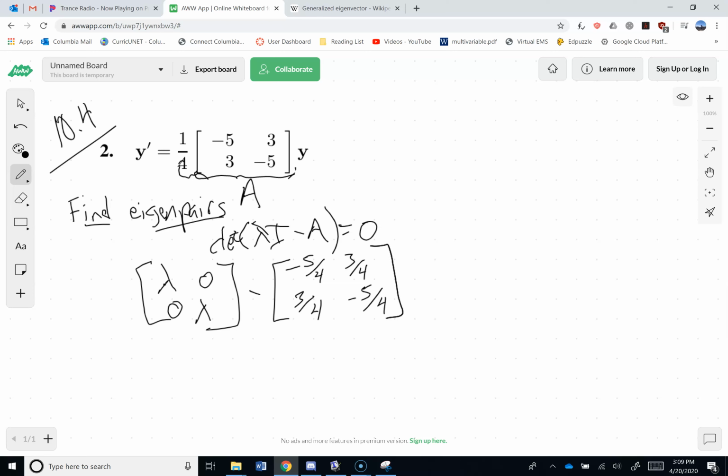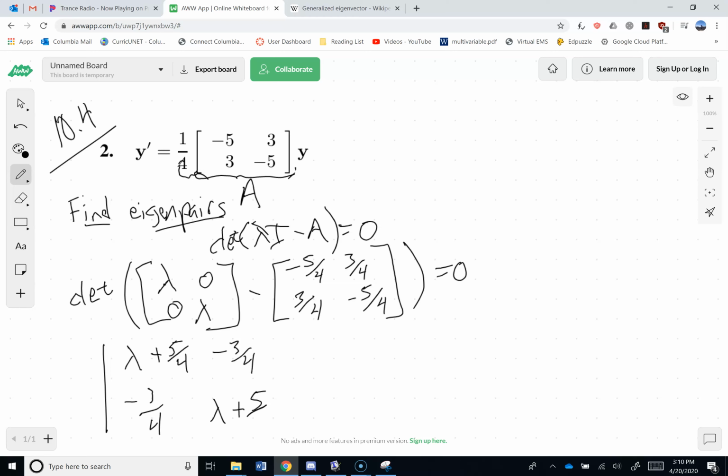And then I need the determinant of this whole thing set equal to 0. So that's the determinant of lambda plus 5/4 and minus 3/4 and minus 3/4 and lambda plus 5/4 again, set equal to 0.